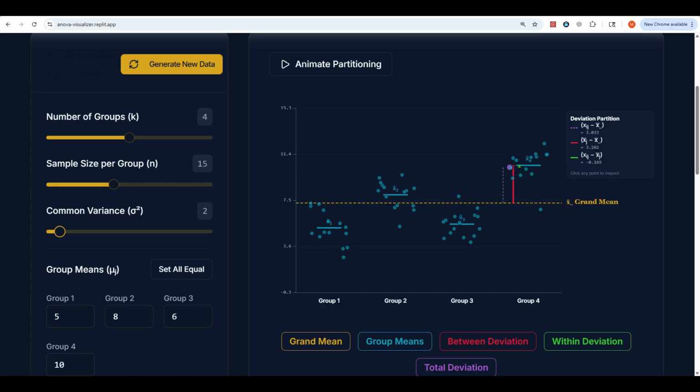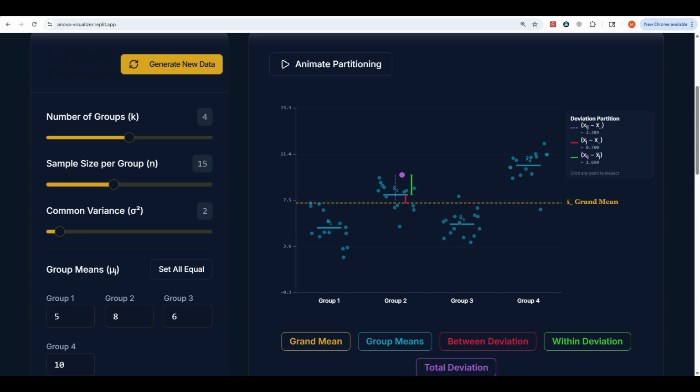This scatter plot is interactive. It allows you to click on a point and it will highlight some deviations for you. For example, this point that I clicked on shows me in purple the total deviation between that observation and the grand mean. There are also red and green lines that break up that purple line into the deviation of the observation to its group mean, as the green line would represent, and then the red line represents the deviation from the group mean to the overall mean.